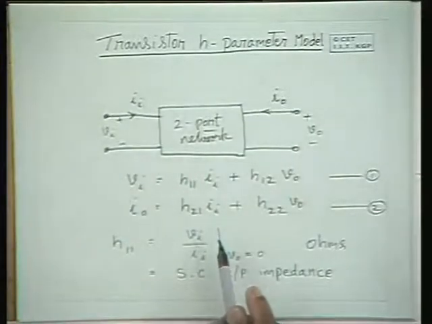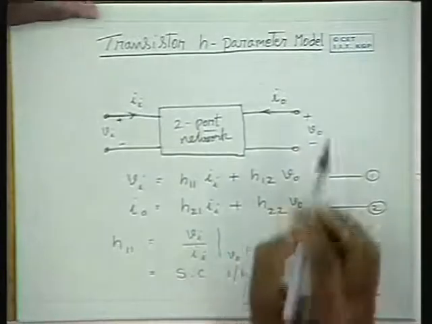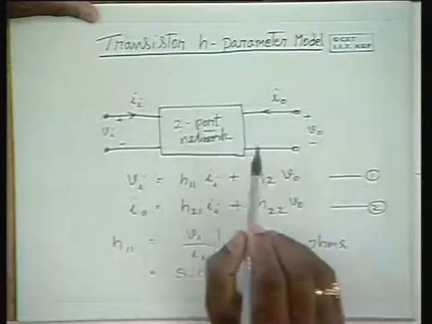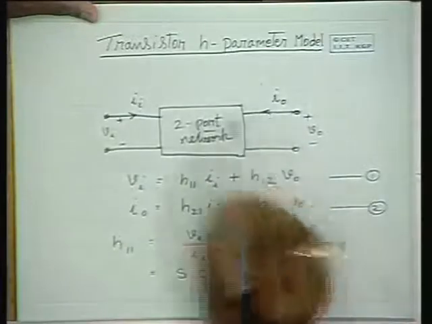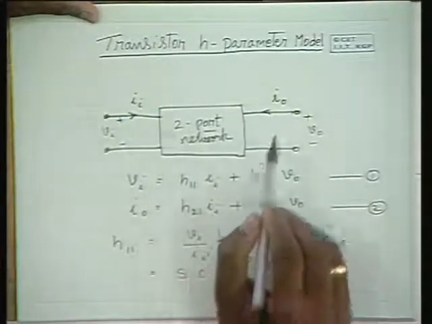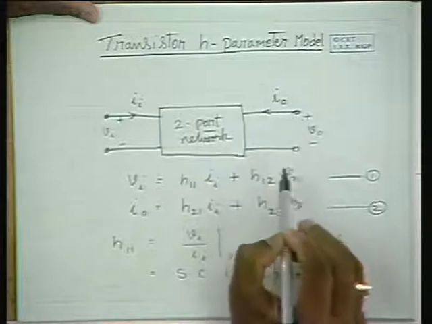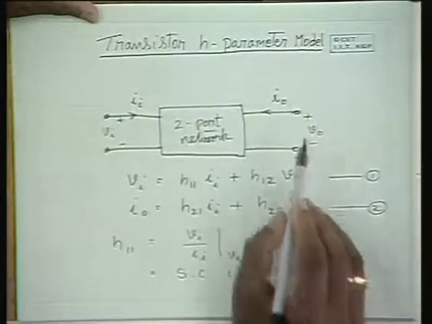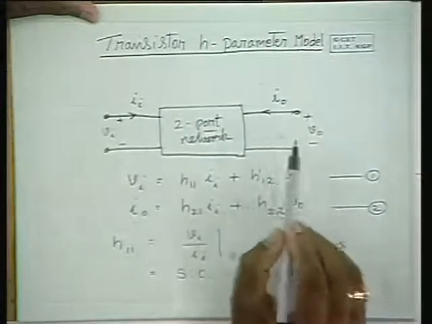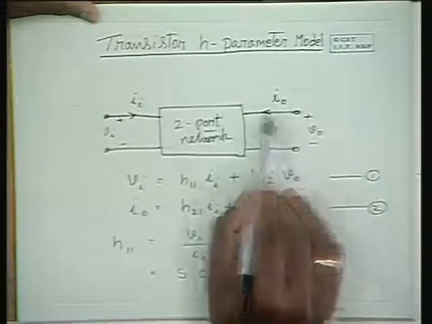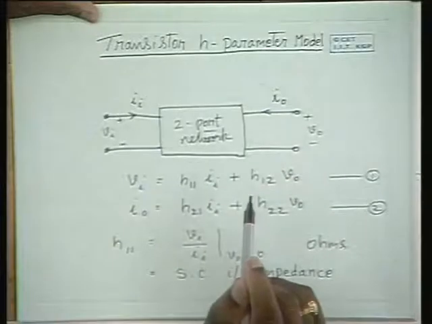So what do we call the output current to input current ratio in the context of a transistor? It is the current gain. So it is equal to a short circuit current gain. I0 by Ii is a short circuit current gain when V0 is equal to 0. I mean short circuit means V0 is equal to 0. So H21 is known as the short circuit current gain.